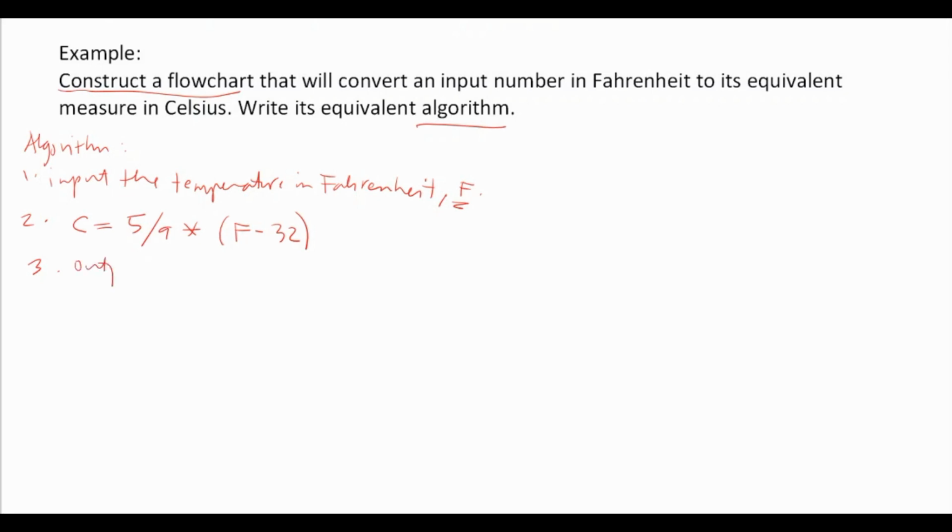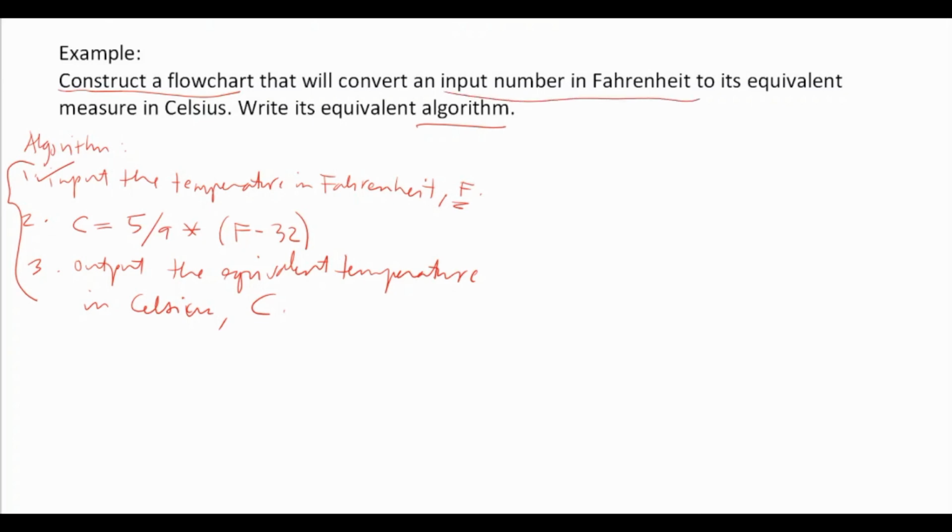So we say output the equivalent temperature in Celsius C. So that is our algorithm, right? Is this working? Yes, we input the Fahrenheit because it says here we'll convert an input number in Fahrenheit, and it will output the Celsius, of course, the one that we are going to calculate.